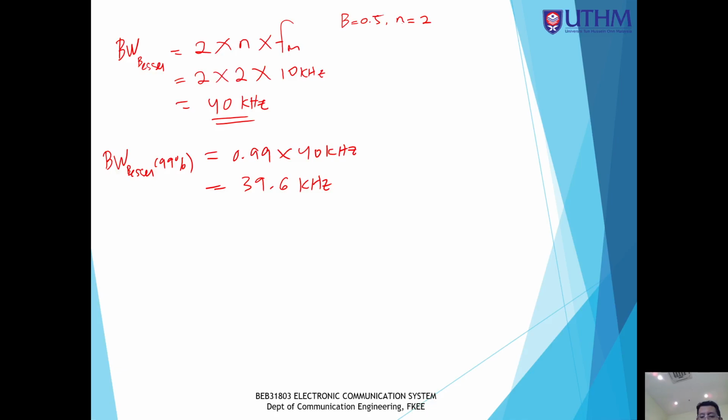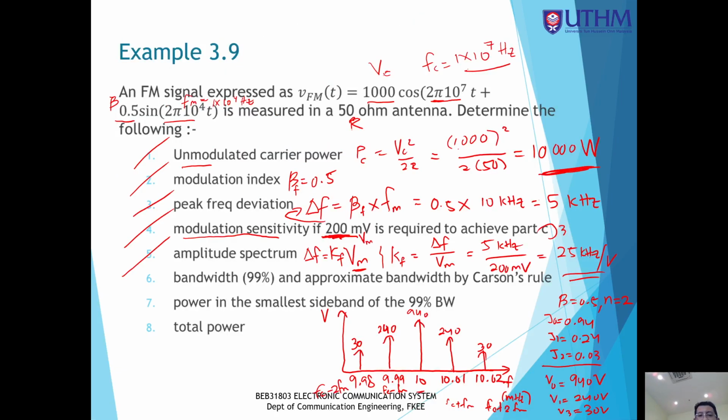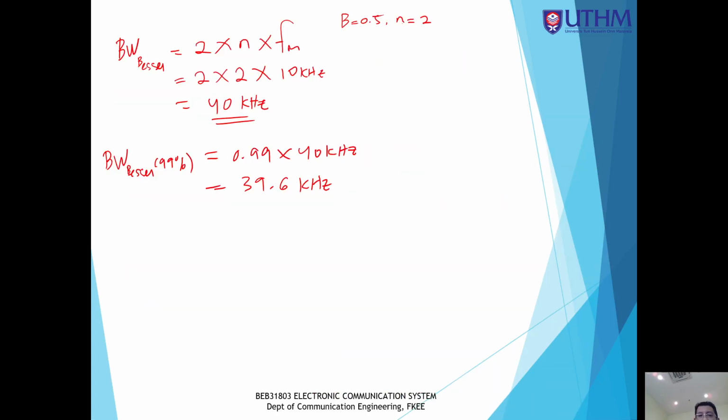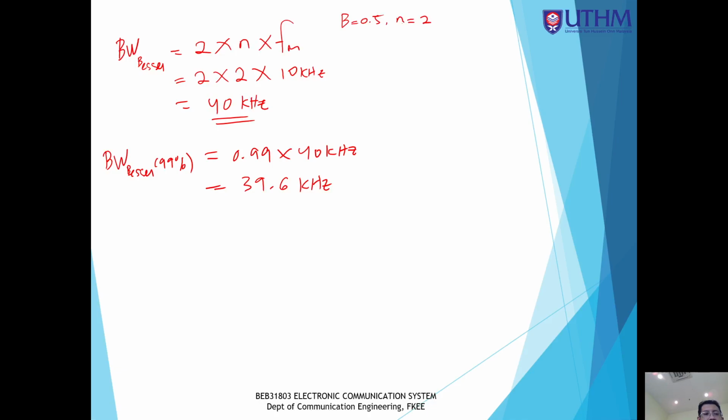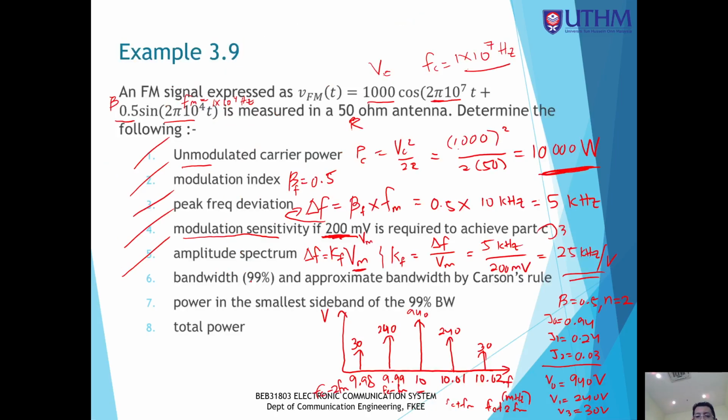And then the question also asks you to find the bandwidth by Carson, 99%. So first of all, you need to find the bandwidth by Carson, which is 2 times delta F plus Fm. This is equal to 2 times, how much is delta F?